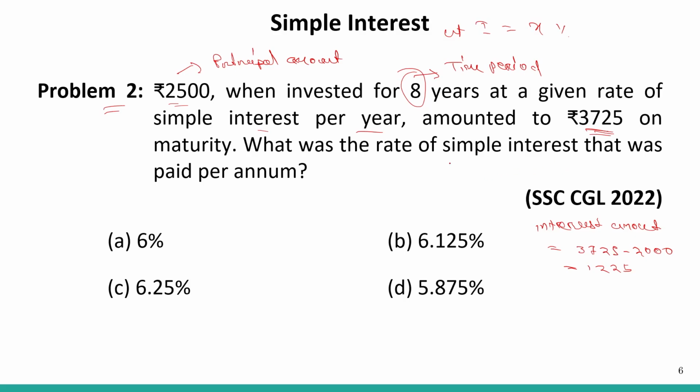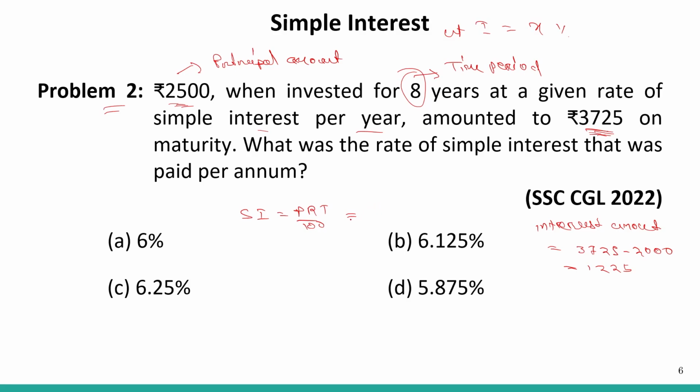So what we are given is a principal amount of 2500. It is invested for 8 years, and the amount sums up to 3725. So simple interest is equal to what? SI is equal to PRT by 100, when R is in percentage.